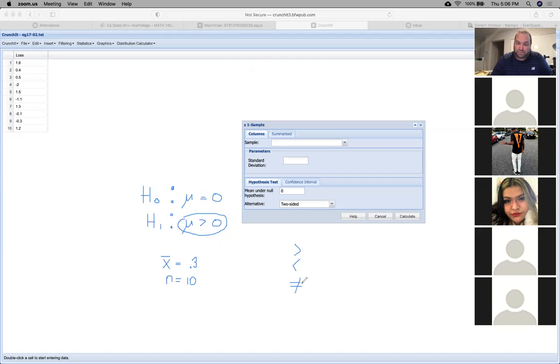Sometimes we care specifically, did it go up? Sometimes we care specifically, did it go down? And sometimes we care whether or not it's just is or is not equal, and we don't care if it goes up or goes down. So that's the two-sided if it's not equal to, but this one is not two-sided. Which one is our case?